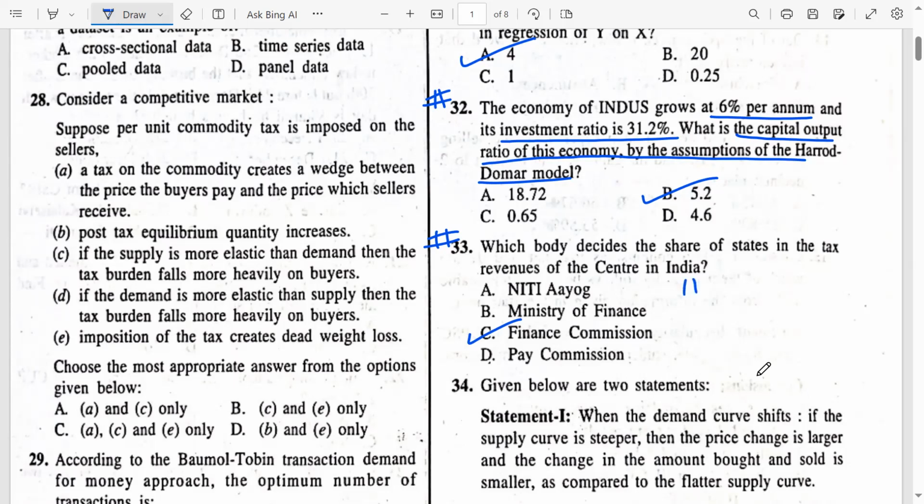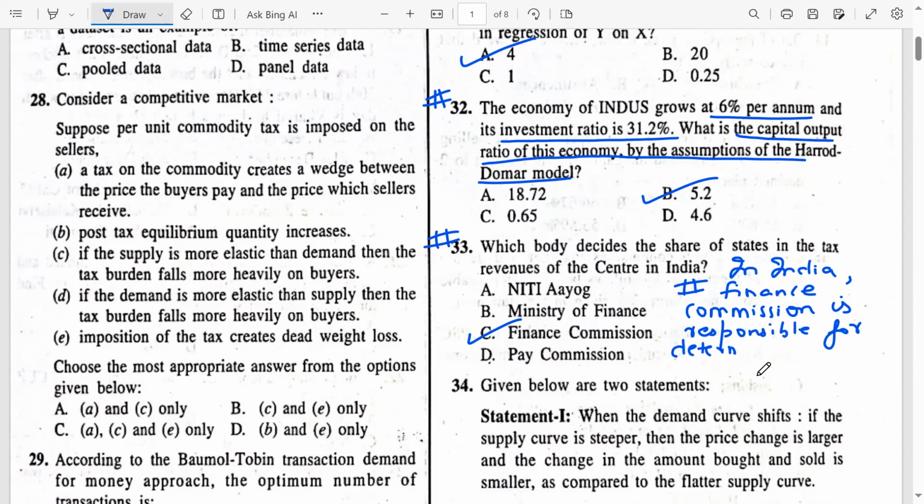Okay, so I can write here only, I'm not using the whiteboard for this. I can write in India, the Finance Commission is responsible for determining the share of states in the tax revenues of the center.